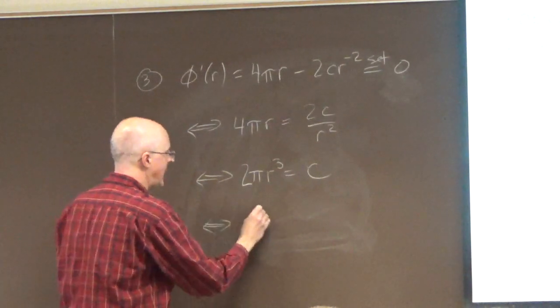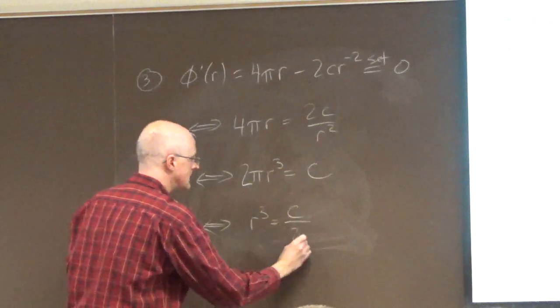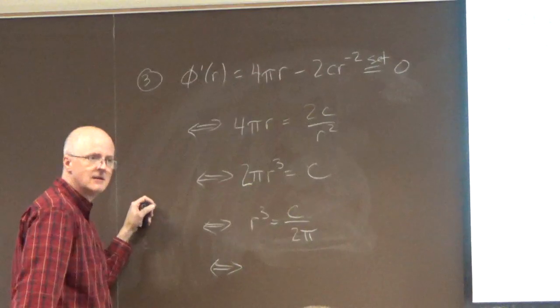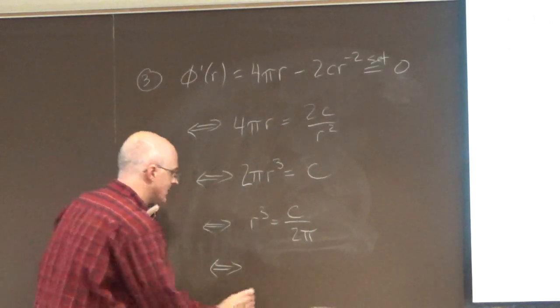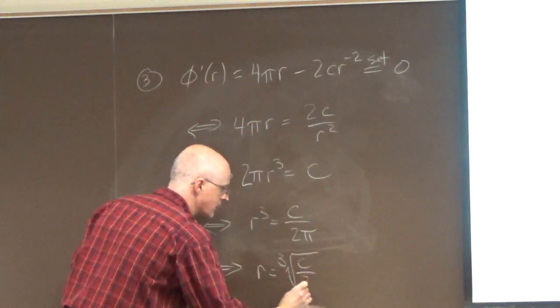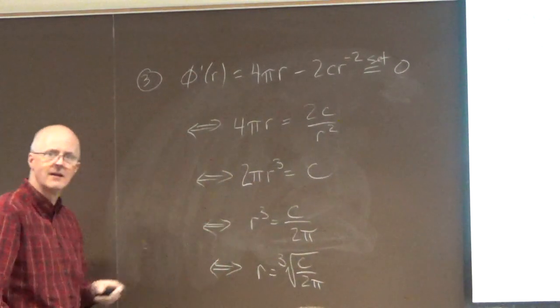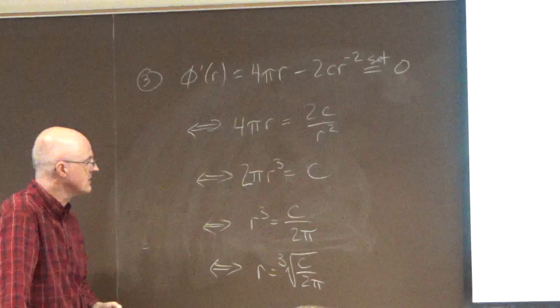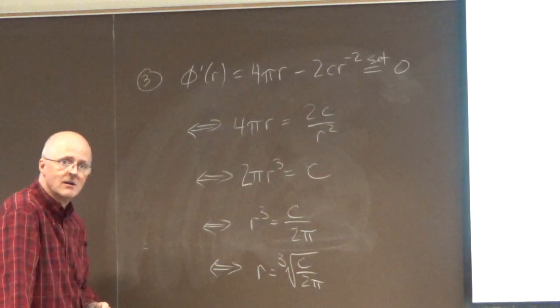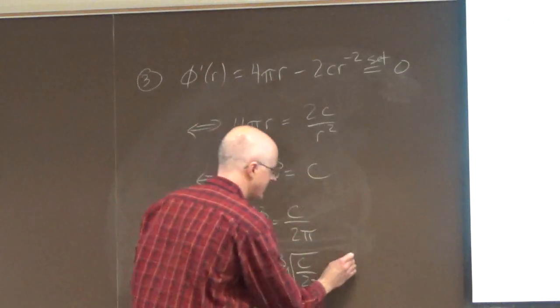Divide both sides by 2 pi now. And finally, take the cube root. R would be the cube root of c over 2 pi. That is the value of r where the derivative of phi is 0. It's called a critical point.